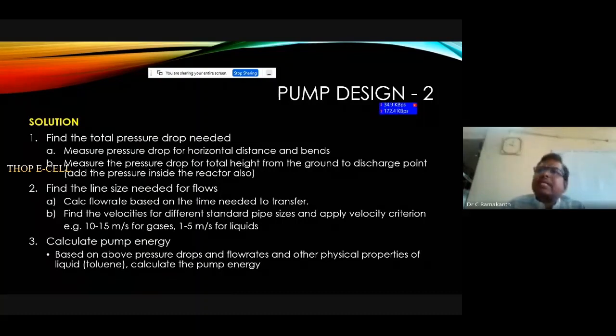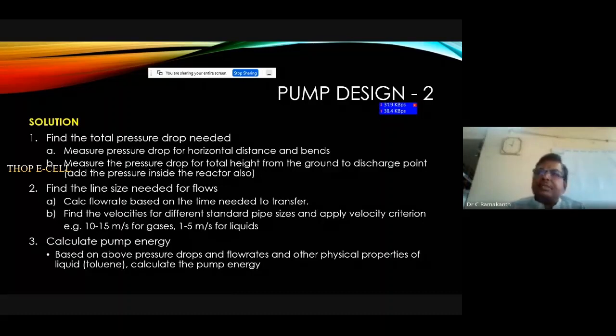Typically it is between 10 to 15 meters per second. You can have gas velocities up to 10 to 15 meters per second in a gas line. This is how we define the size of the pipeline.